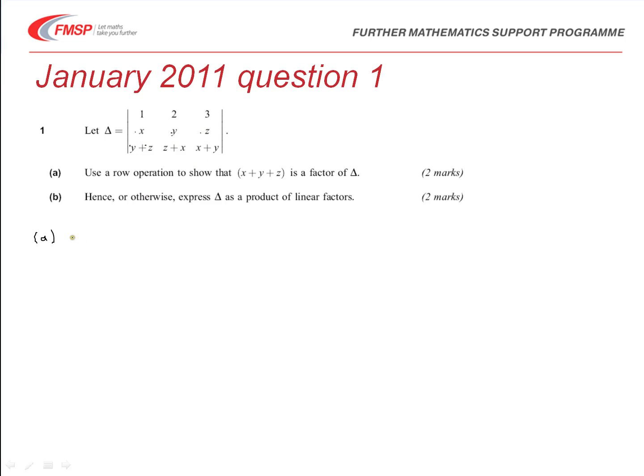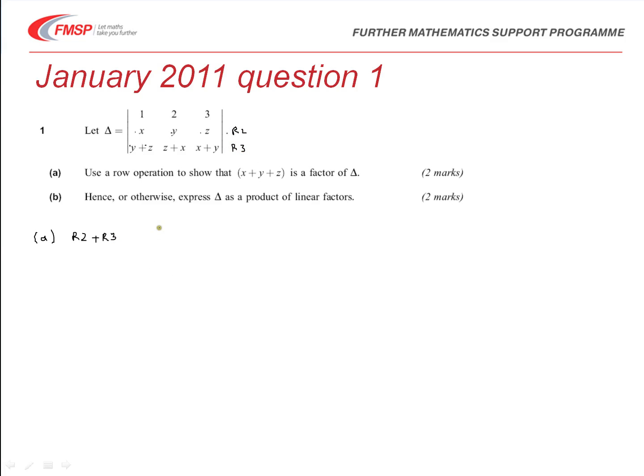So if we add row 2 to row 3, so if you put an instruction something like row 2 plus row 3, maybe you should label this row 2 and this one row 3, so the examiner will know what you're doing.